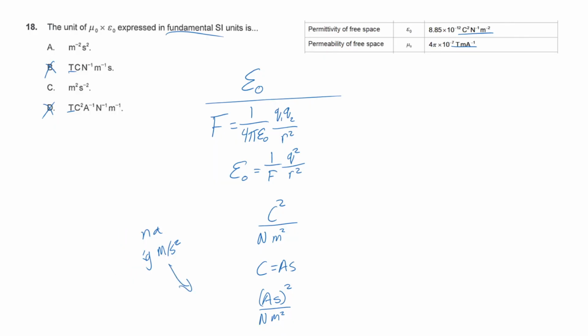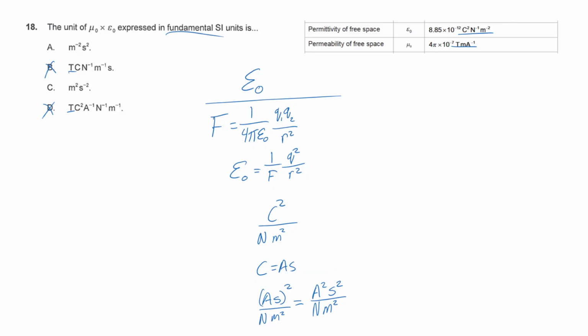But I'm not going to do that, for reasons that you'll see in a second here. What I am going to do is just simplify this a bit and say that this is equal to A squared times s squared divided by N times m squared. So those are the units for the permittivity of free space.